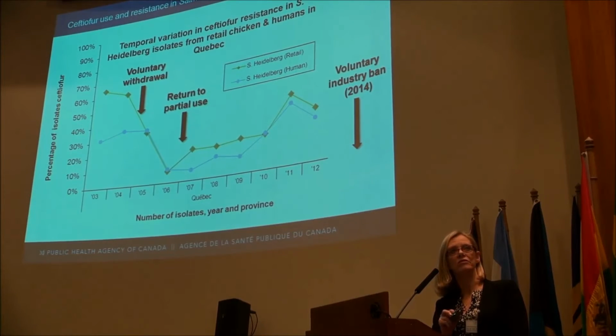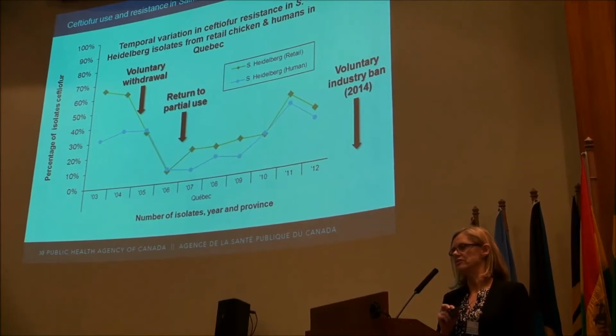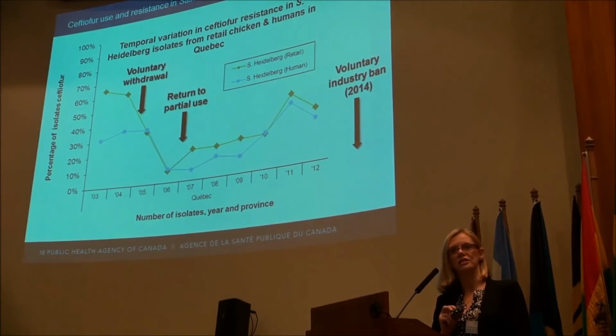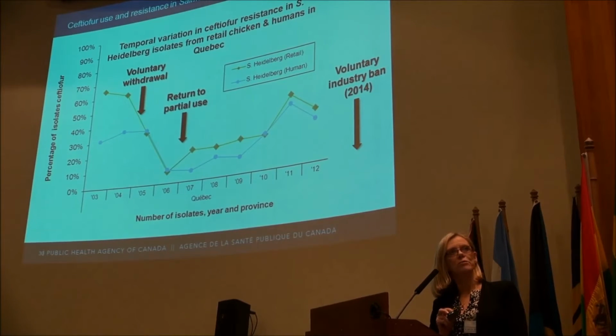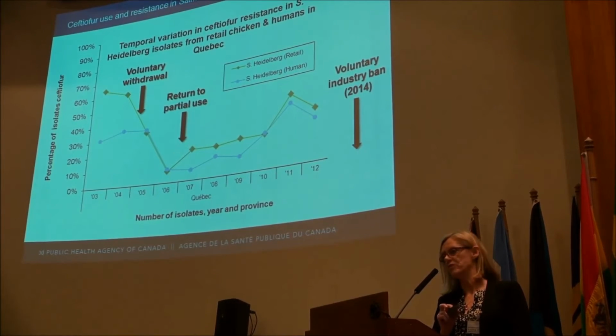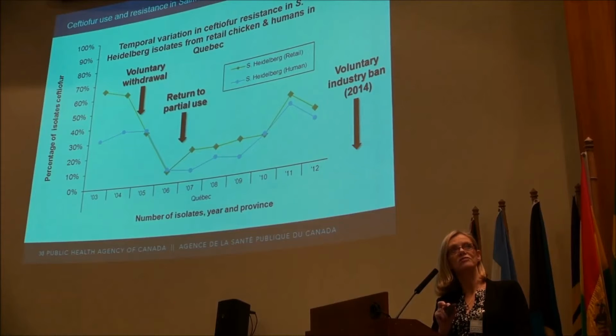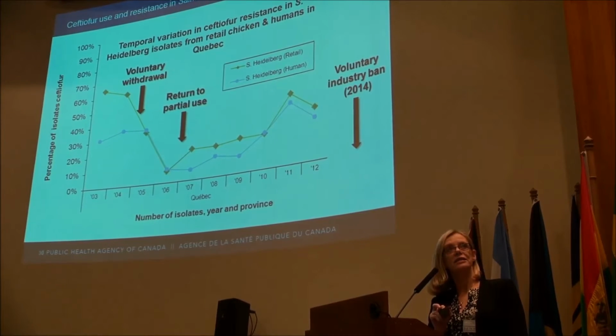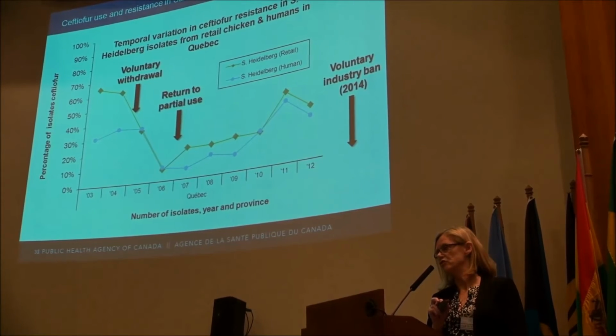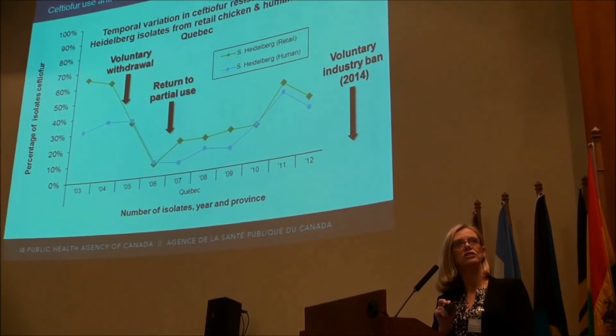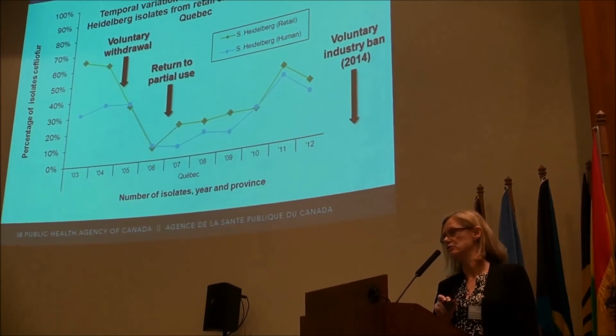And we found out that there was in ovo injection of ceftiofur being injected into hatching eggs, again as a preventative, in that province, almost across all hatcheries, and it wasn't going on in Ontario. So there was this linkage. So there was a lot of discussion with the poultry industry in Quebec, and they decided to voluntarily withdraw the use. And we saw this dramatic drop.